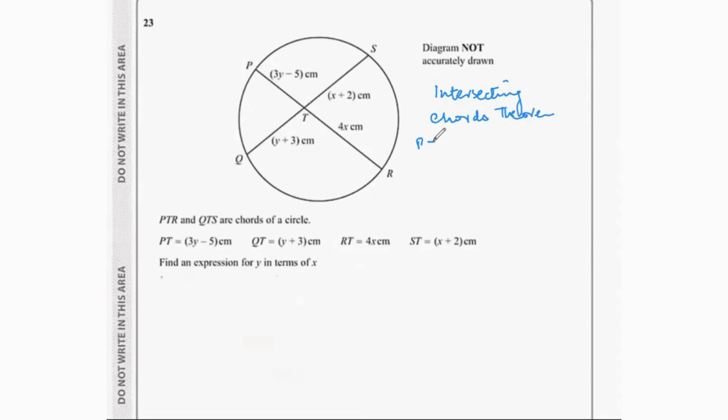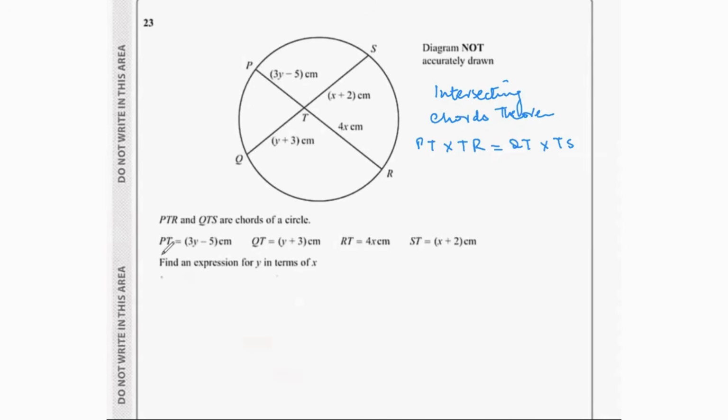your PT times TR is the same as QT times TS. So we multiply parts of the same chord to each other and put equal to parts of the other chord multiplied to each other.